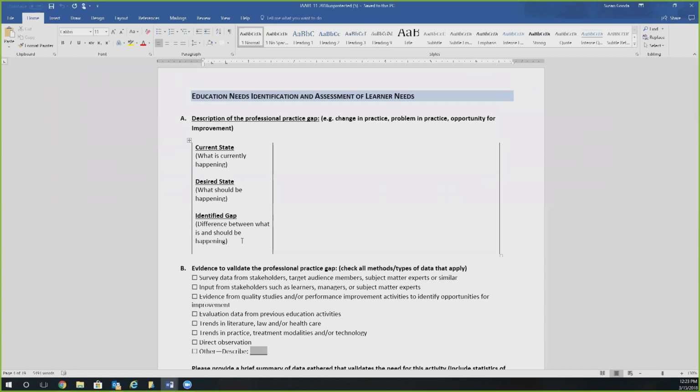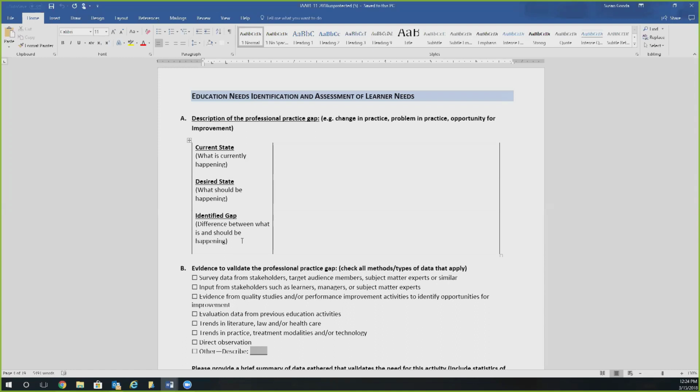Hey, we have a problem that the nurses are not doing XYZ procedure in the hospital. I'm going to do an educational endeavor on procedure XYZ. The desired state is I want the nursing staff to competently perform or know the details of that particular procedure XYZ at the completion of this event.